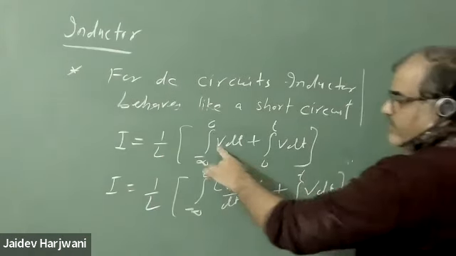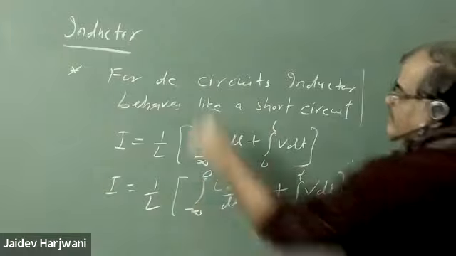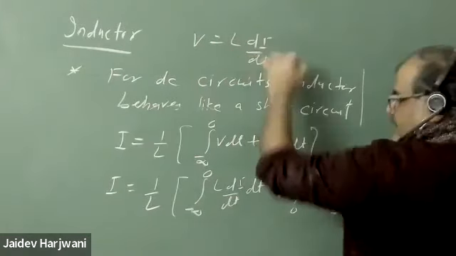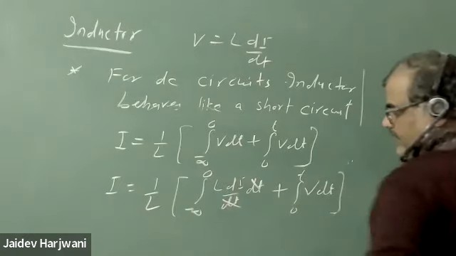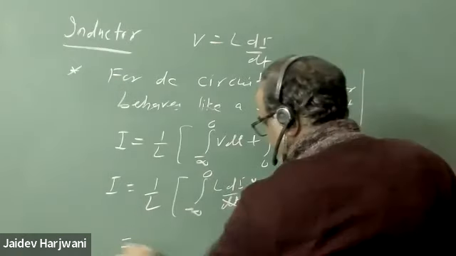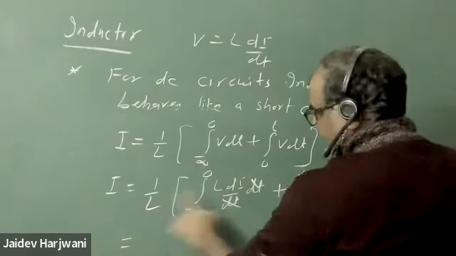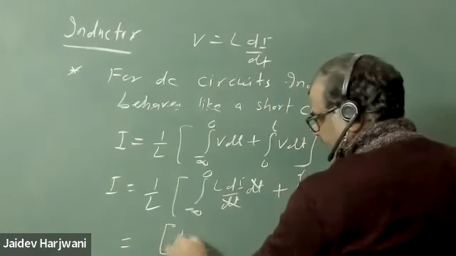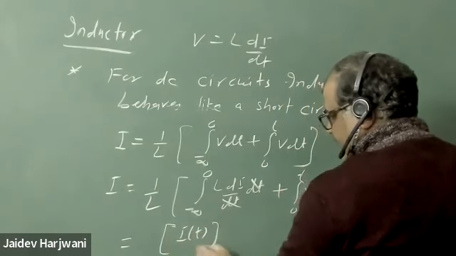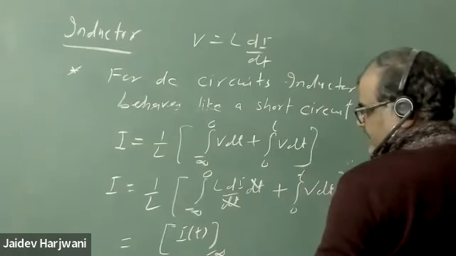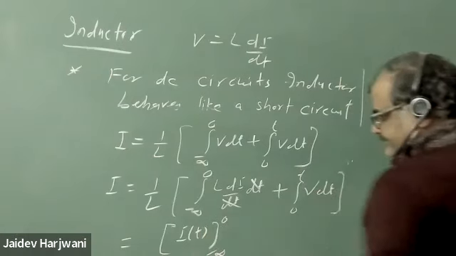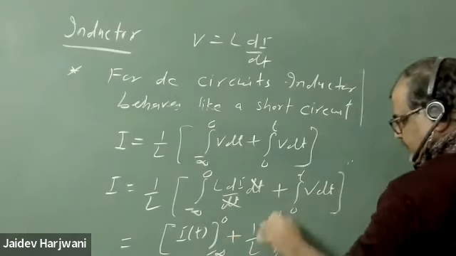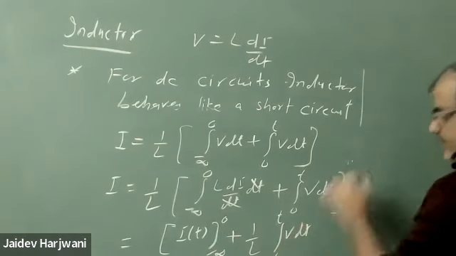I am putting the value of V for the inductor, V equals L di upon dt. So this dt will cancel, L will also cancel, and this becomes I as a function of time, with limits minus infinity to 0, and this will be equal to 1 by L, 0 to t V dt.